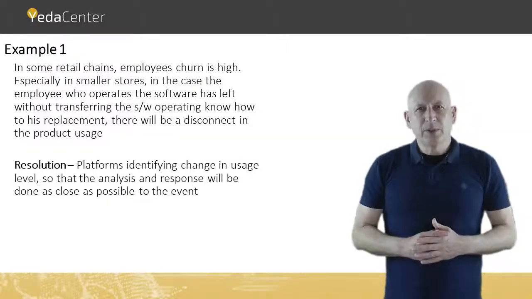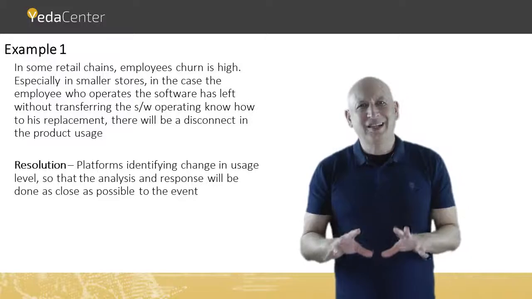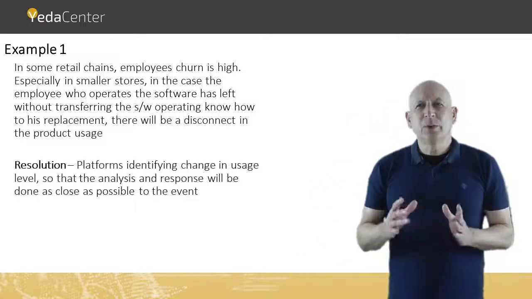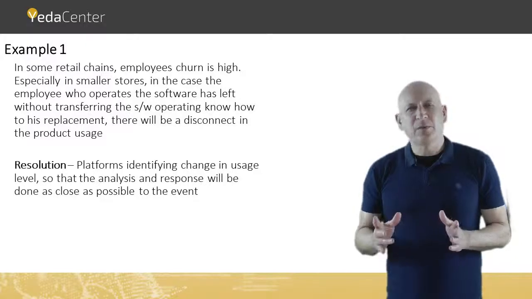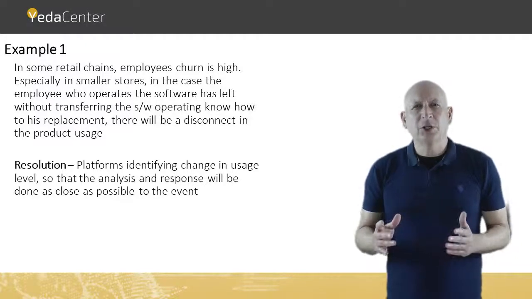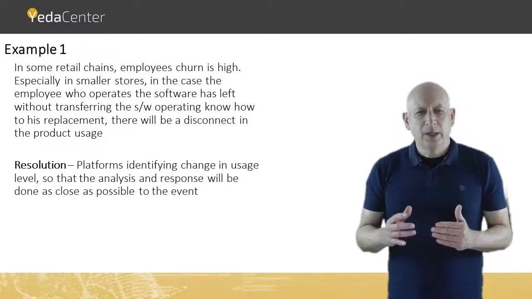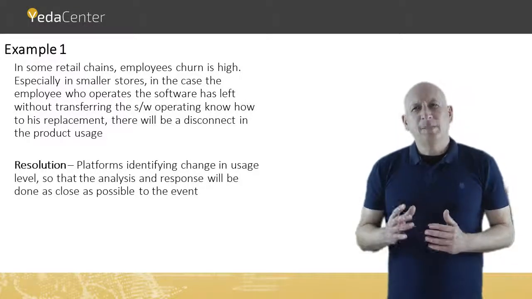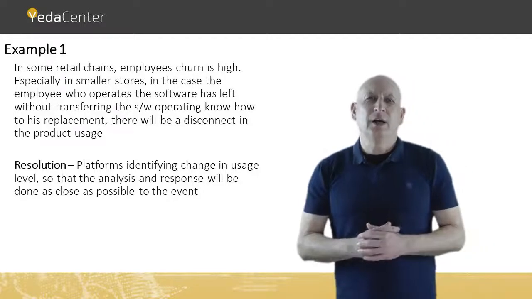Let me give you some examples, and those are real cases that we ran into. One of them has to do with a SaaS platform in a retail chain, and in a retail chain, at least in some of them, employee churn is relatively high.